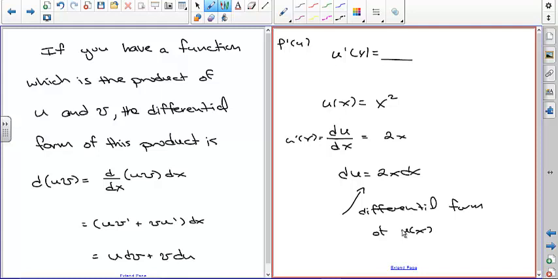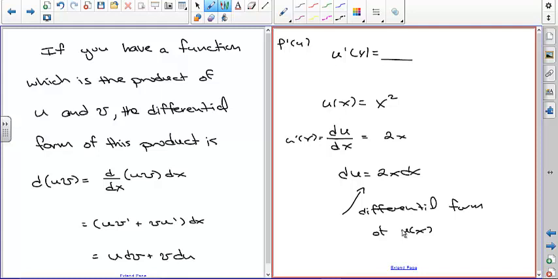So it basically is the derivative of the function, but instead of just being u prime of x, make it into du/dx, and then say that we can treat those as a ratio of du divided by dx instead of the derivative of u with respect to x, and then multiply both sides by dx.